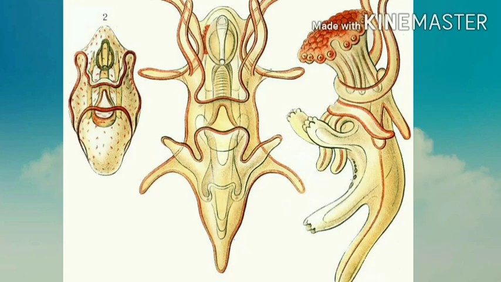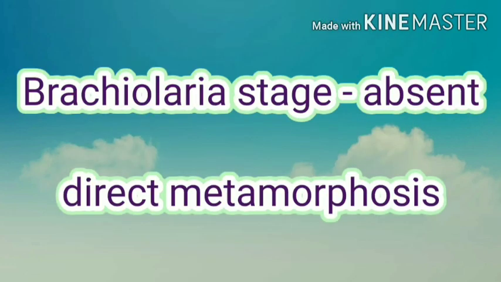So the bipinnaria stage is followed by the brachiolaria stage in all asteroids, but direct evidence shows that in some cases this brachiolaria stage is absent and the bipinnaria larva metamorphoses directly into the adult.